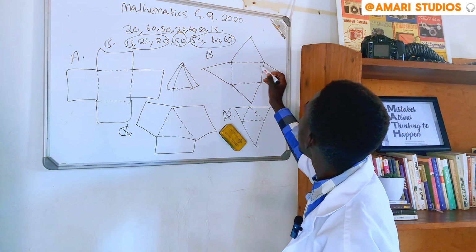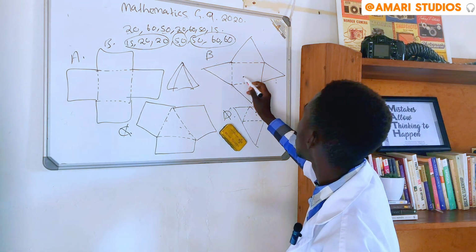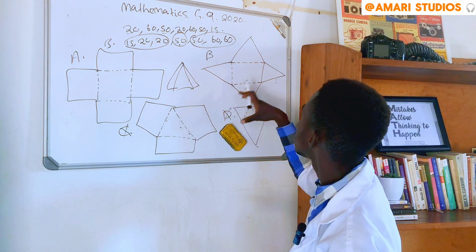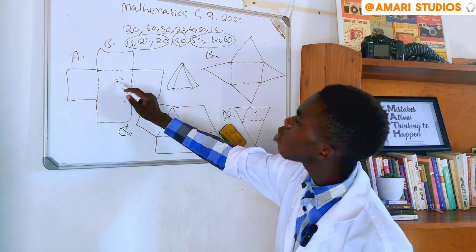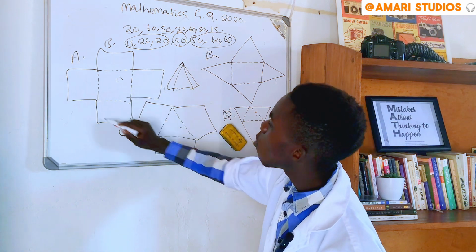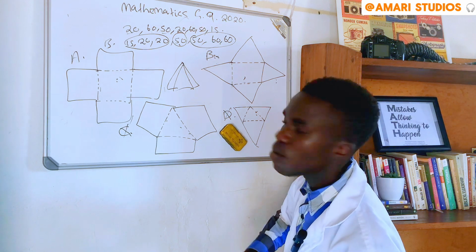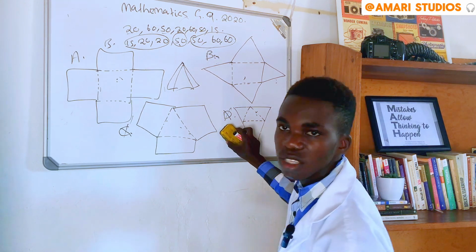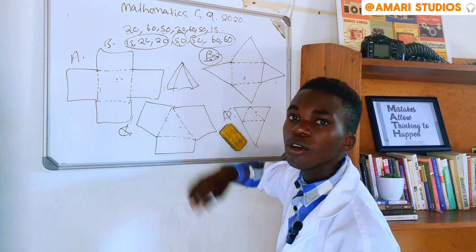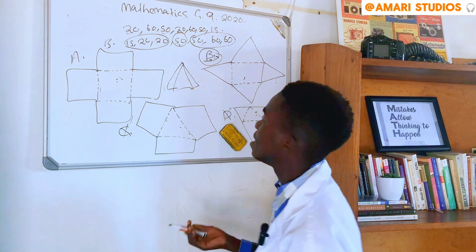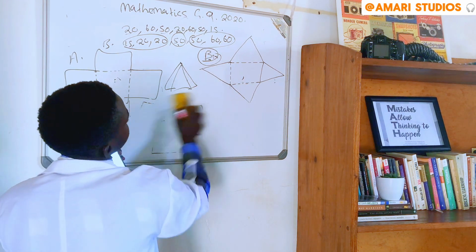The only option here which has triangles and the square base that is needed is option B. We can't choose option A because option A is full of squares, but option B is full of triangles with the square in the middle part. So option B is the correct answer.